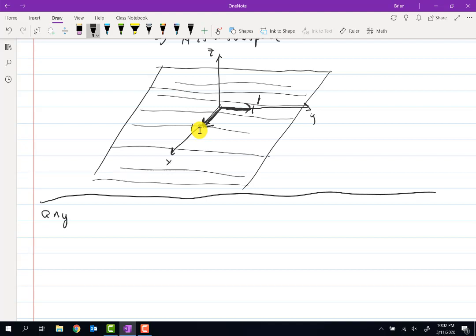Any two-dimensional subspace in R3 must be a plane, hence the two-dimensional. So it's spanned by two vectors.